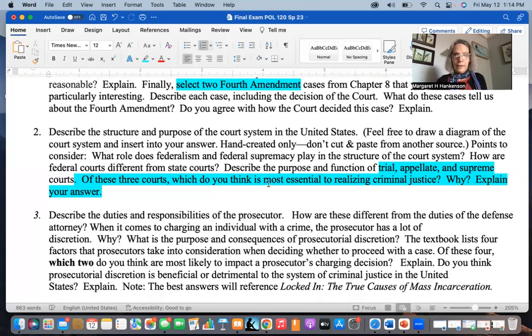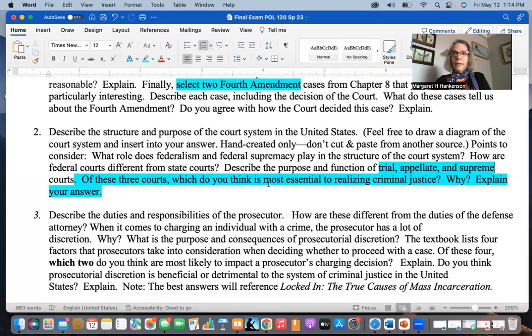Okay. Why? Explain your answer. Okay. And so you can make a case that trial courts are incredibly important for criminal justice, right? It's where the trial takes place. It's where guilt or not guilt is determined, right? And so you can make a case that that's the most important court.